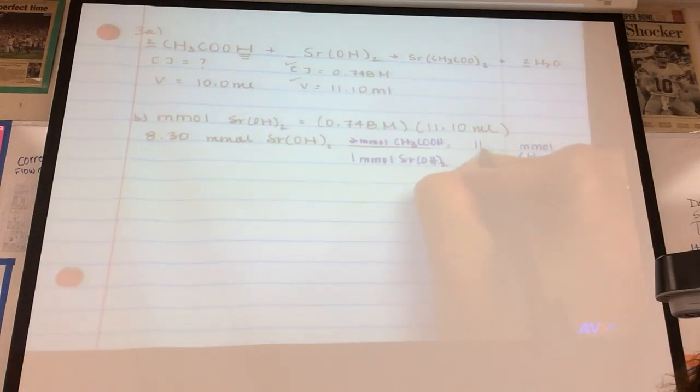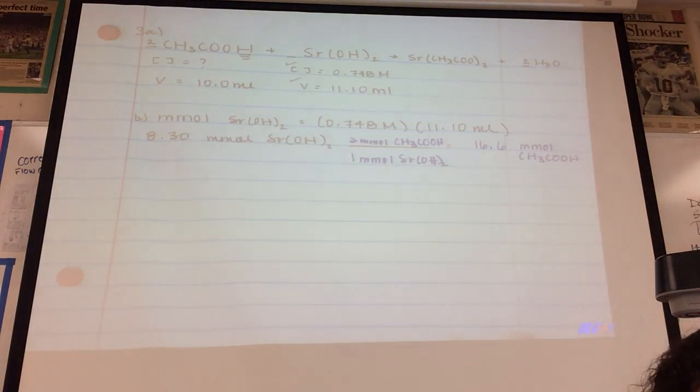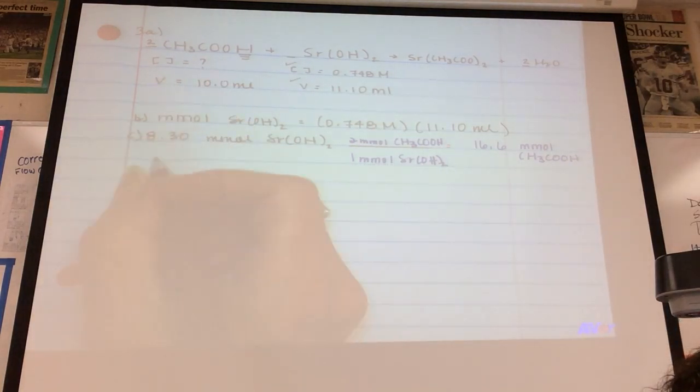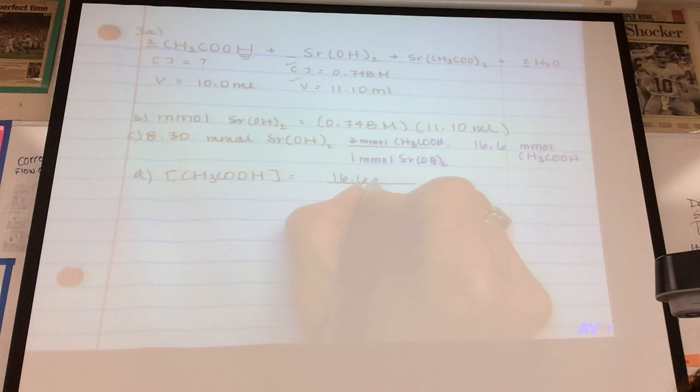So that'd be 16.6. And then how do you get the concentration of acetic acid? You have millimoles, right? Divide by volume. What volume? 10.9. Yeah.